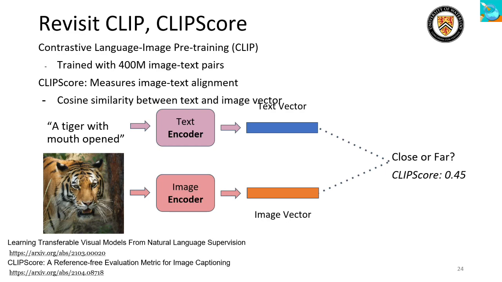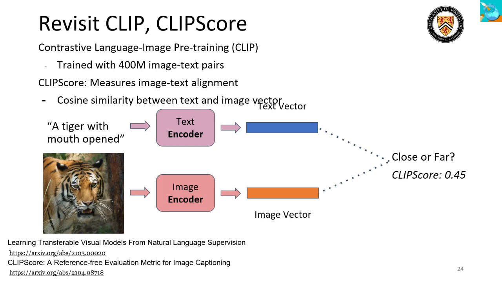What it basically does is that CLIP has a text encoder, and CLIP also has an image encoder. So we employ the frozen text encoder and image encoder, and we feed the text-image pair into the encoders respectively to get the text vector and the image vector.